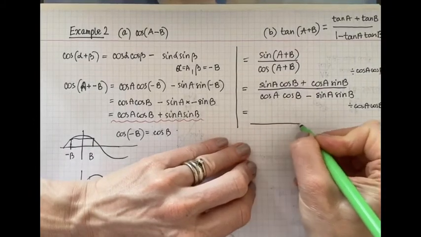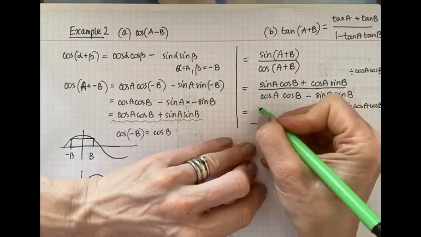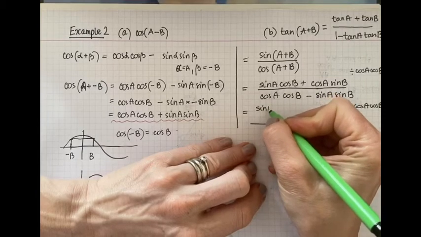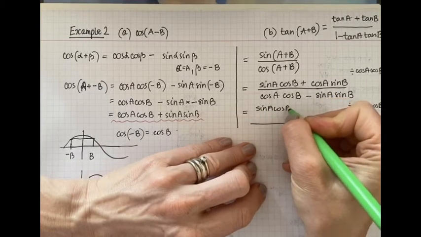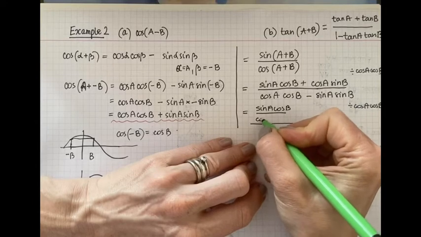So I need to get ready for a double-decker expression. So it's sine A cos B, and you really, in the proof, you need to write it down. There's no shortcuts.